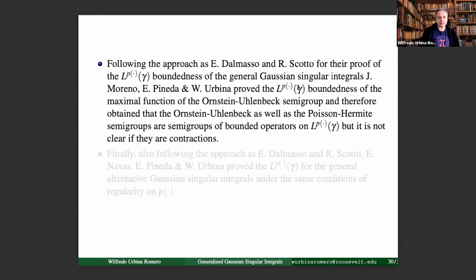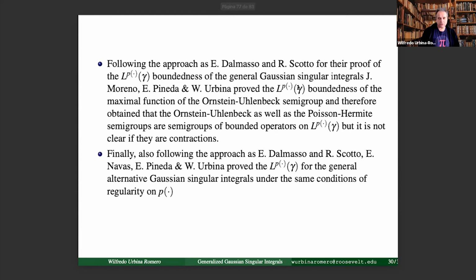And then, using the same regularity conditions that Dalmasso and Scotto got, a regularity condition over the p that is necessary for the Gaussian measure to make it work, we also proved that these singular integrals are LP variable bounded.